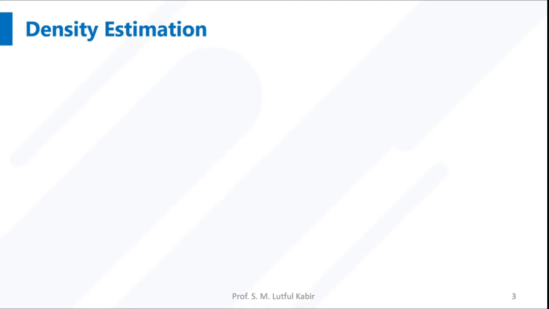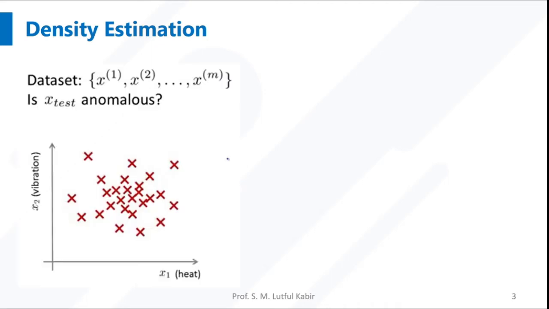That means there must be some mathematical basis. For example, if you have a data set x1 up to xm and you want to test whether the x test, that means the features of the new engine, is anomalous or not. The technique is you have to model all the x in a function called p(x). p(x) is actually a probability function.